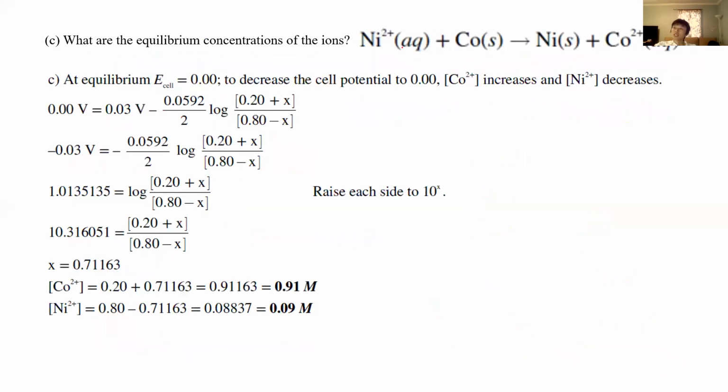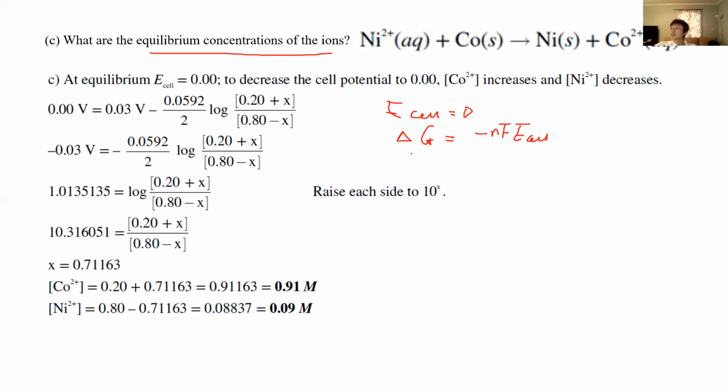And part C asks us what is the equilibrium concentration. For an electrochemical cell at equilibrium condition, that means the E cell is equal to 0, because delta G equals negative nFE cell.